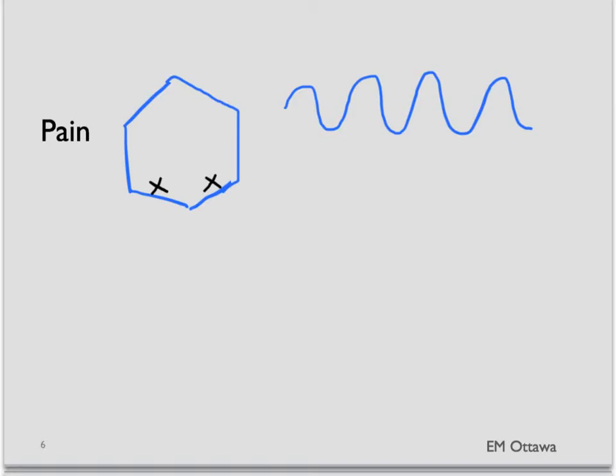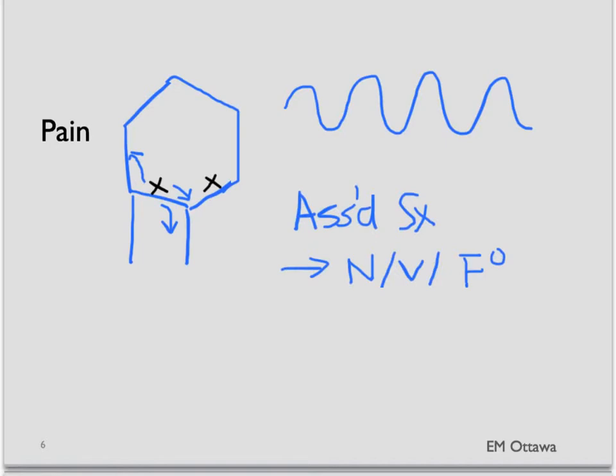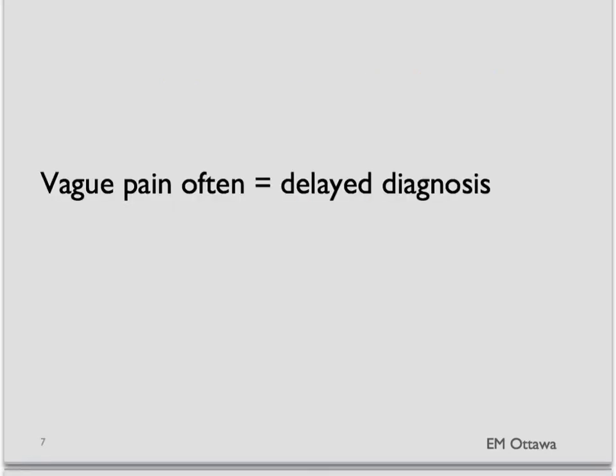The pain can radiate to the pelvis, flank, or even thigh. Associated symptoms can include nausea, vomiting, or a low-grade fever. Since the pain can often be vague or intermittent, there often is a delay in diagnosis.